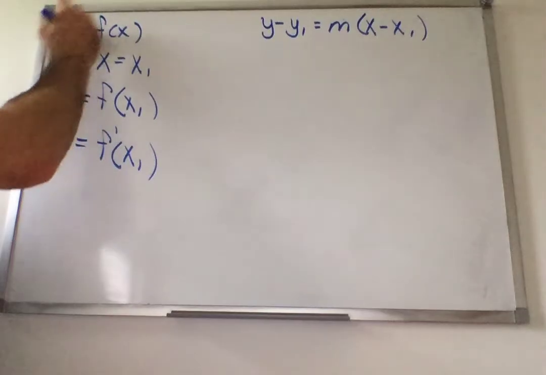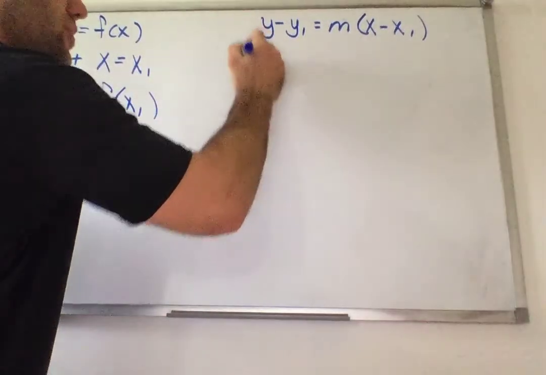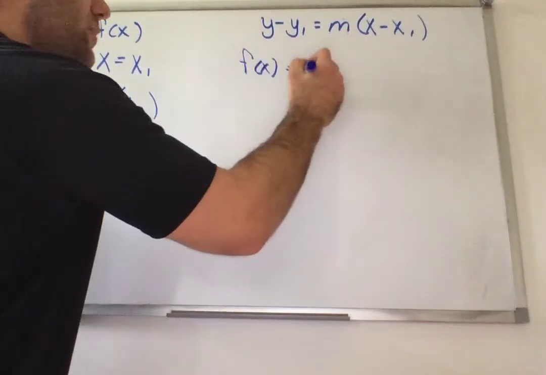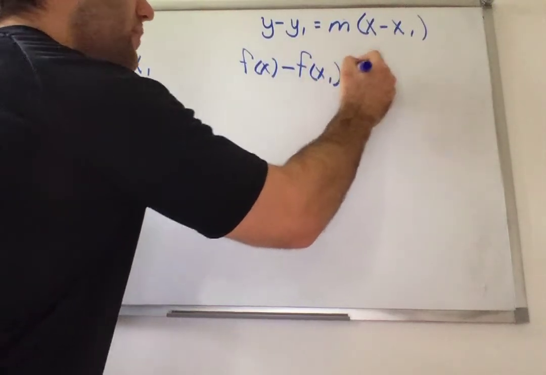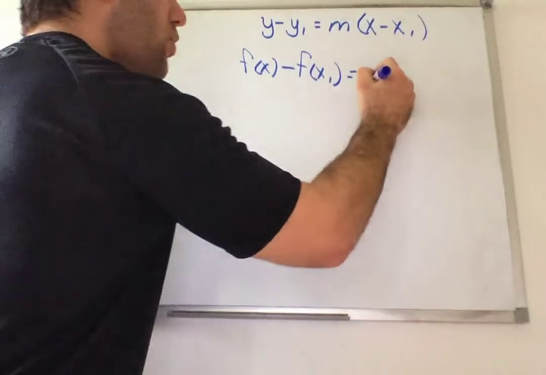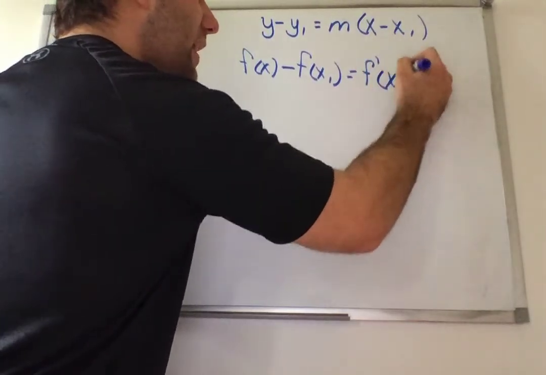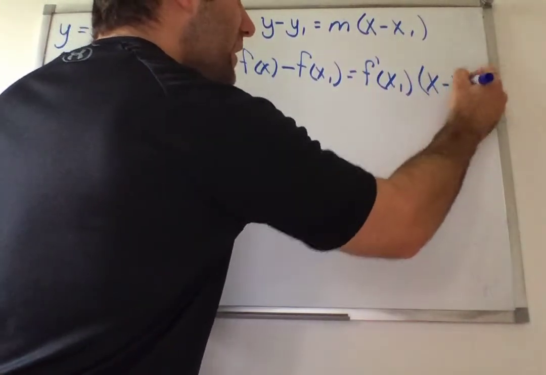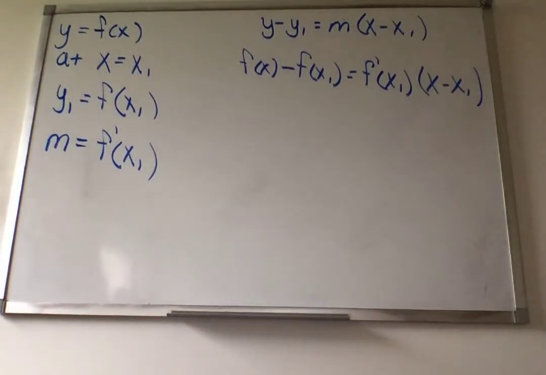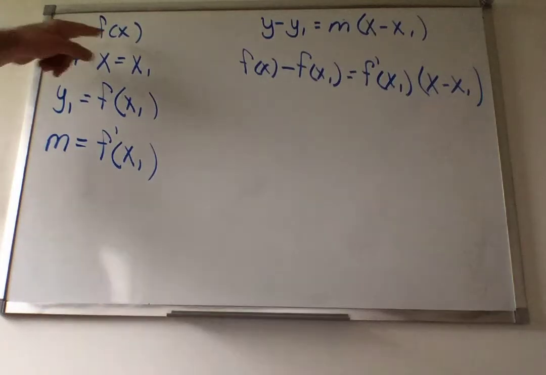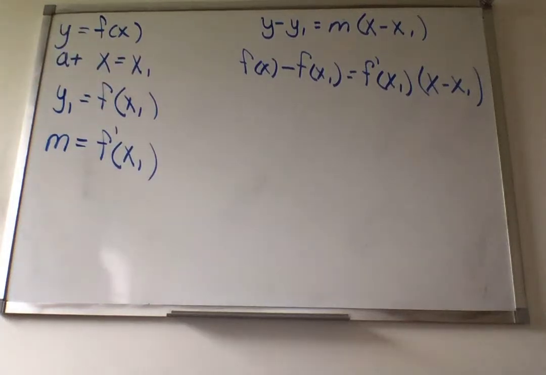So this is actually y is equal to f of x, minus f of x1, which is equal to my slope, which is the derivative at x1 times x minus x1. So this is the equation of the tangent line to whatever function this is at the point x1.